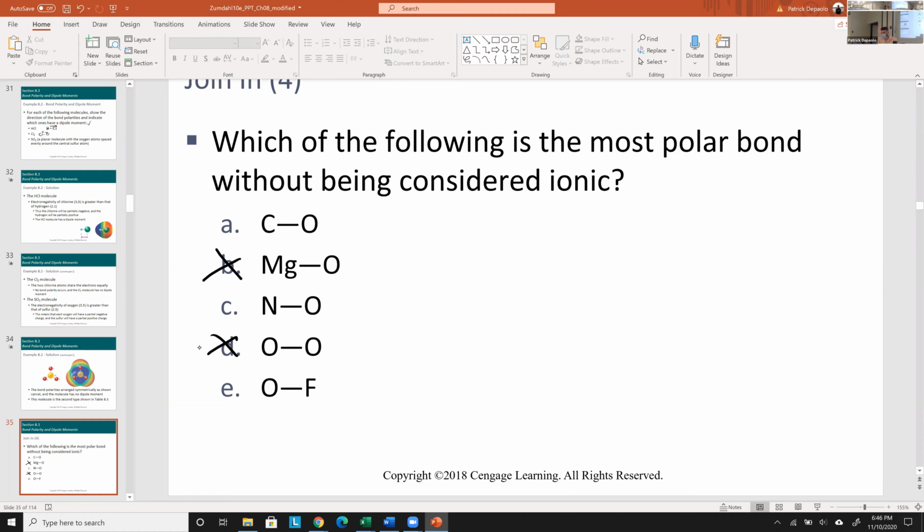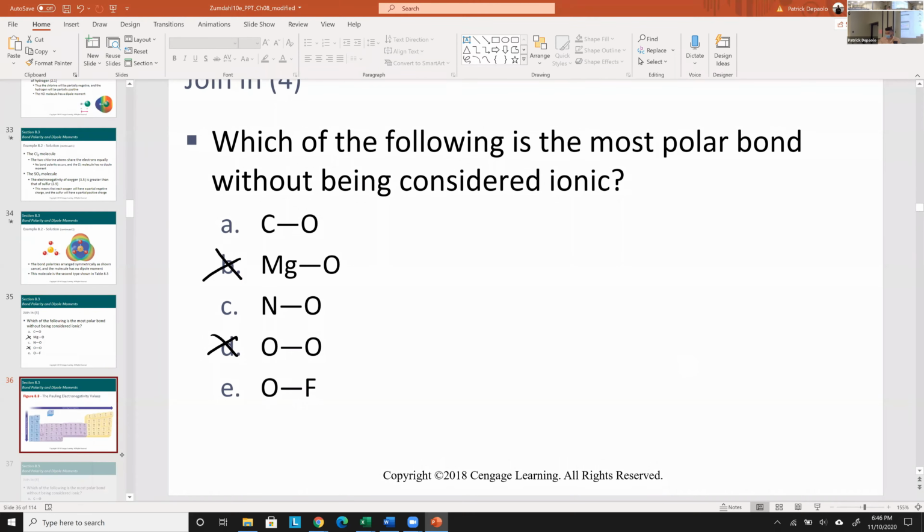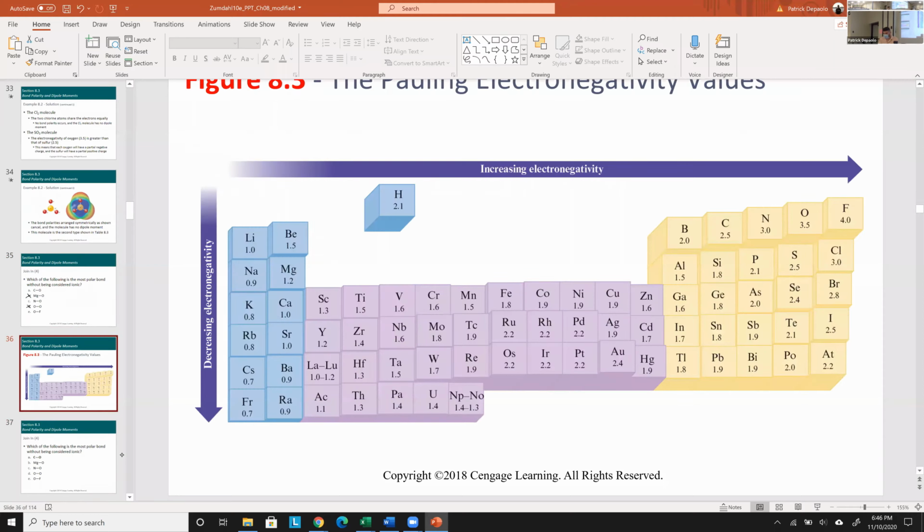All right, so which one of these is going to be the most polar? It might be tough. What do you think? This one, they should give you the numbers. So you guys think E. Based on the numbers, let's see. So oxygen is 3.5 and fluorine's 4. The difference between these is only 0.5.